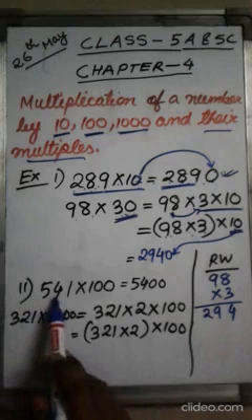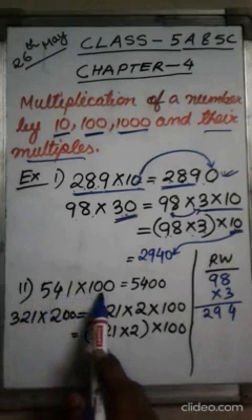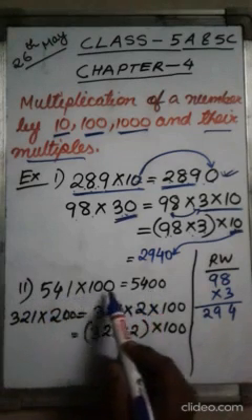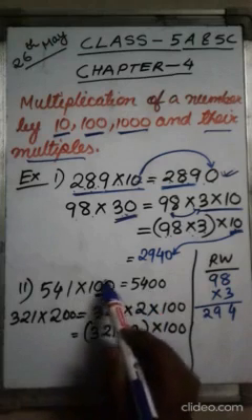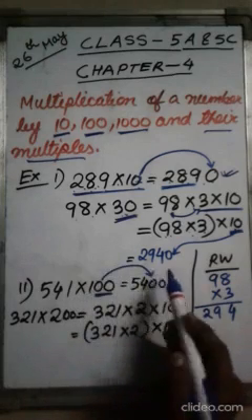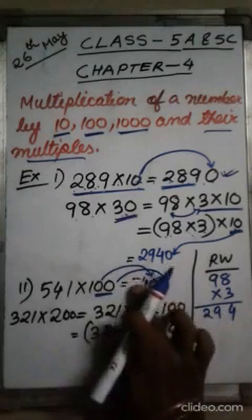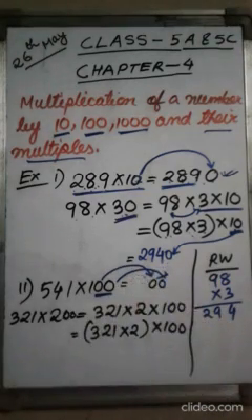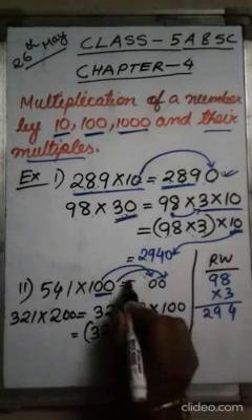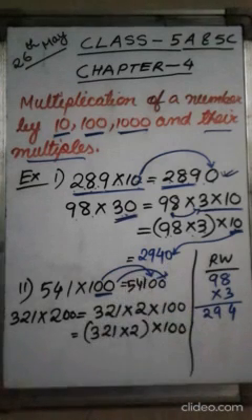Question number 2, 541 into 100. The same way, here we have two zeros. I am adding them at the back side of the number 541.